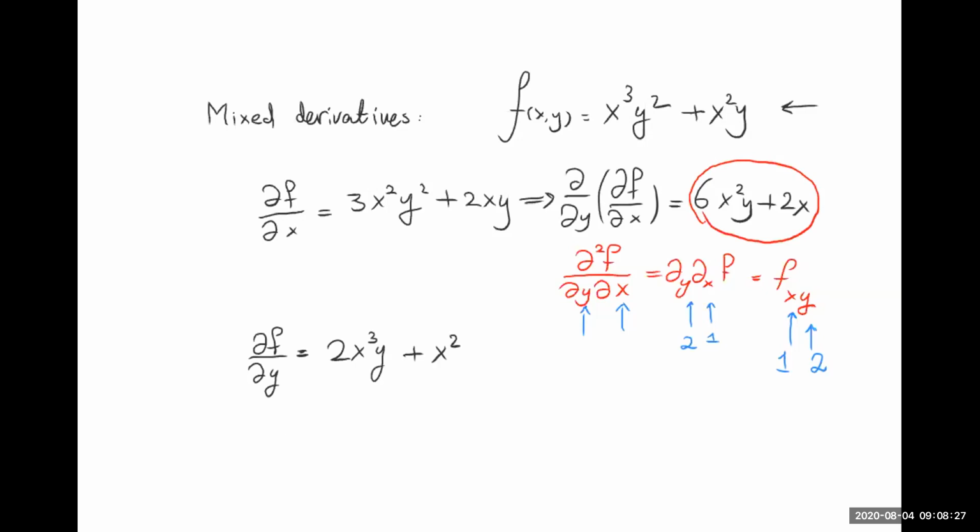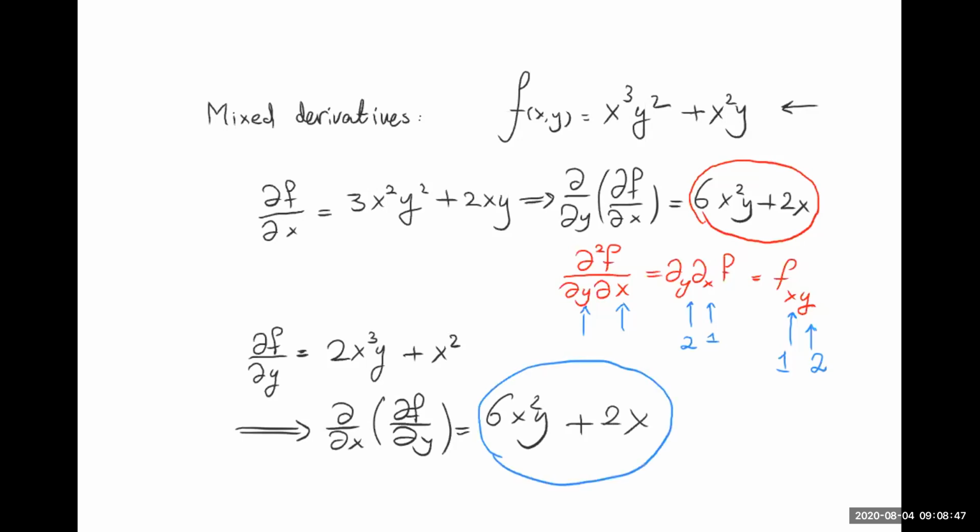Now, if I take the derivative with respect to x, what I'm going to get is 6x squared y plus 2x. So as you can see, what I got here is equal to what I got before.